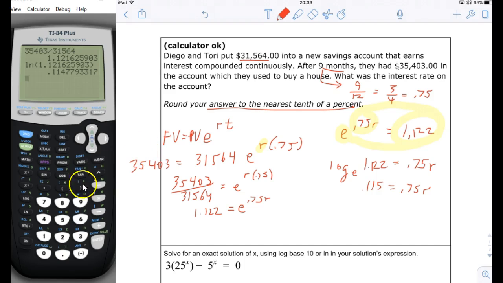We can divide the 0.115 by 0.75, and that gives us r is equal to 0.153, and our answer for the interest rate is 15.3%. Okay.